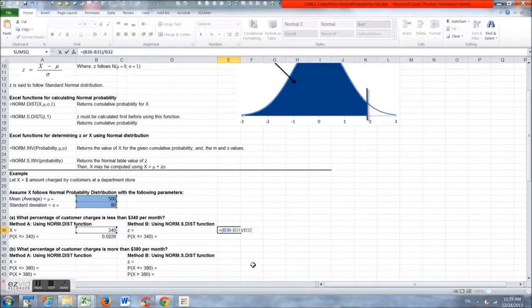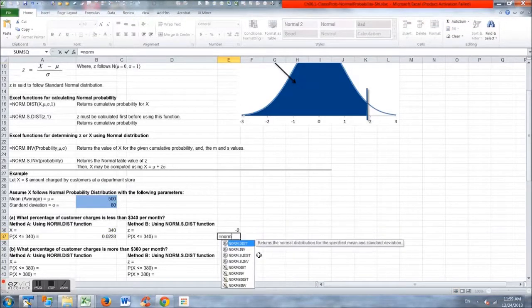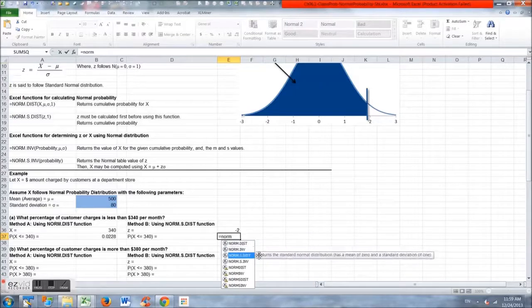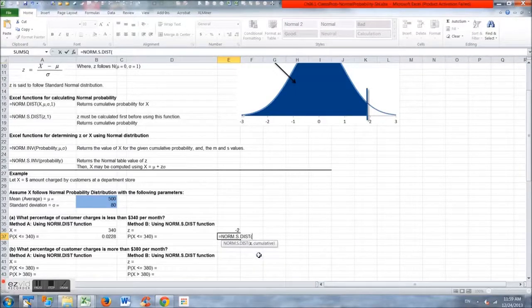So this will give us the z value, and then we can use that z value in norm.s.dist. So go norm.s.dist of z, and then comma 1. So that will give you the same answer as before, except here we had to compute the z value ourselves.